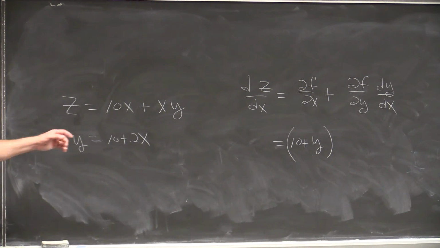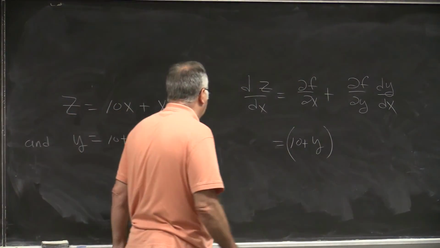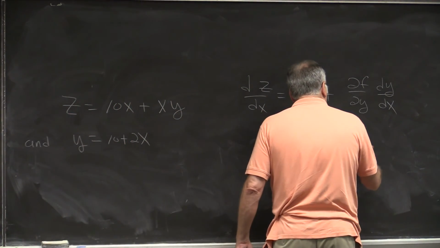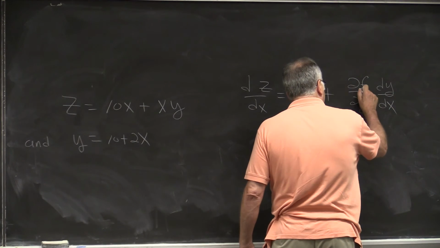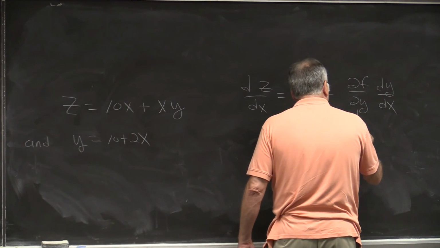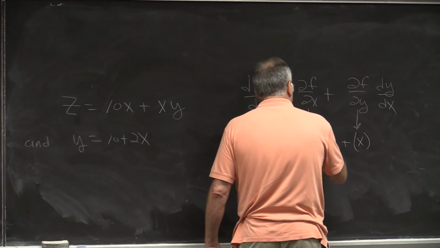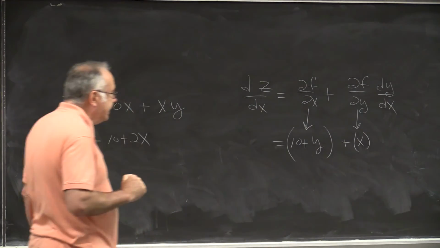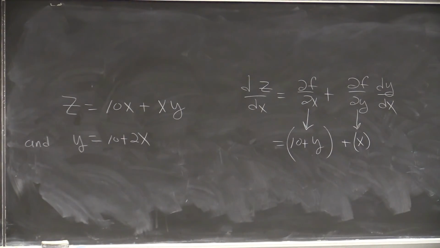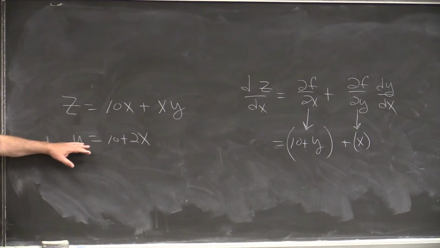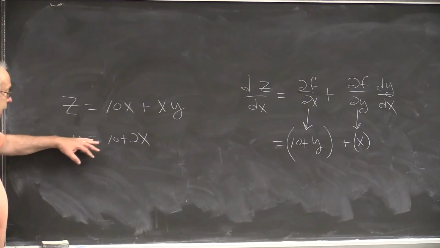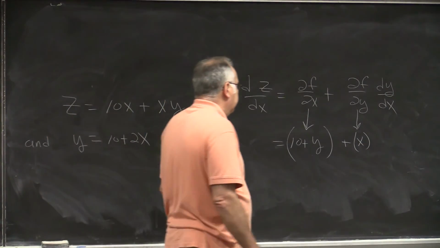Partial f, partial y is just x. So we put that in for this. And what is dy/dx? 2. You've got to go back to this one to get dy/dx. And it's just equal to 2.